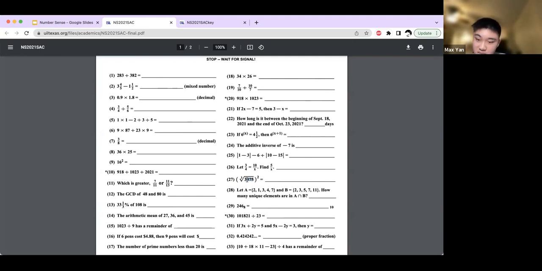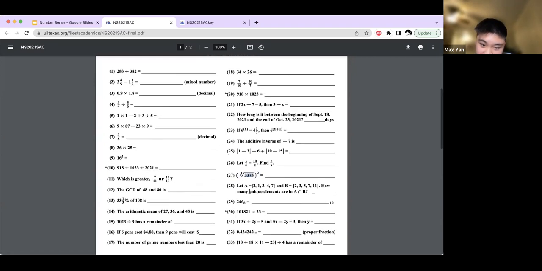Even if you didn't know the cube root of that, you could know 10 cubed is 1,000, 20 cubed is 8,000. This number is in between those, and the only way you can have 5 as its last digit is if it was 15. And then 15 squared, if you didn't memorize the squares, you could do the trick we've gone over, but again, you should memorize those.